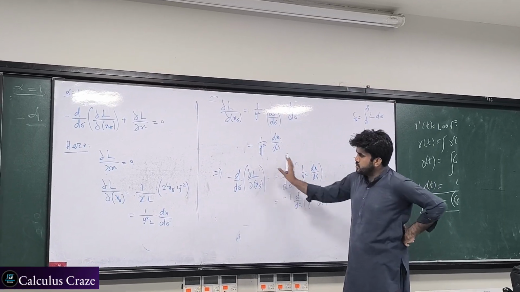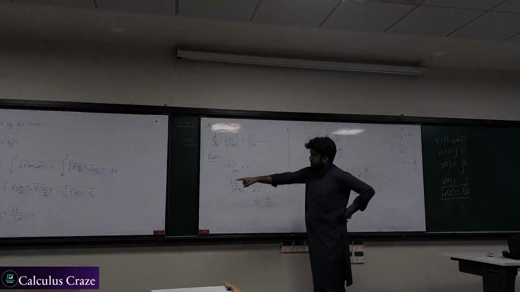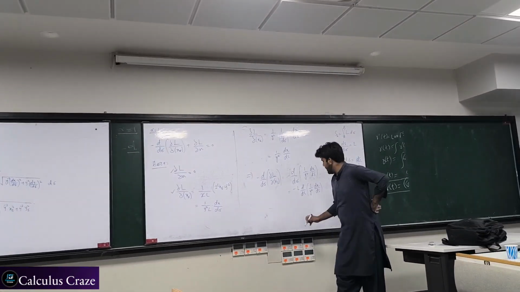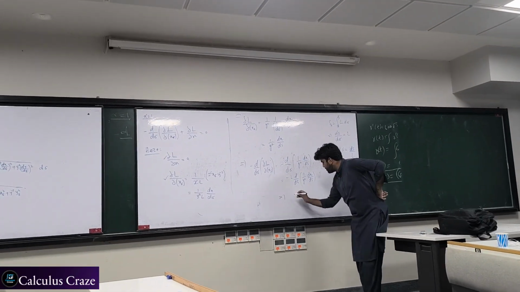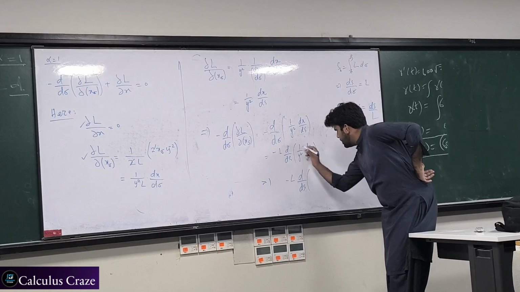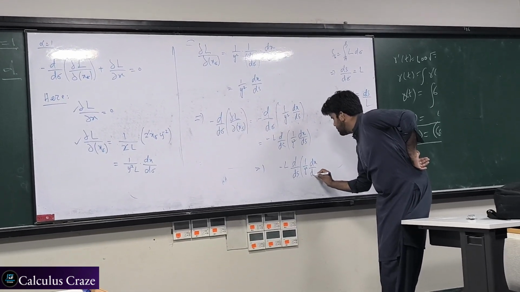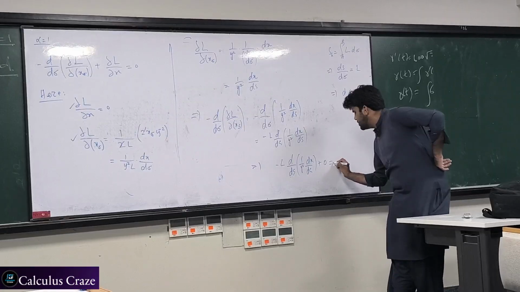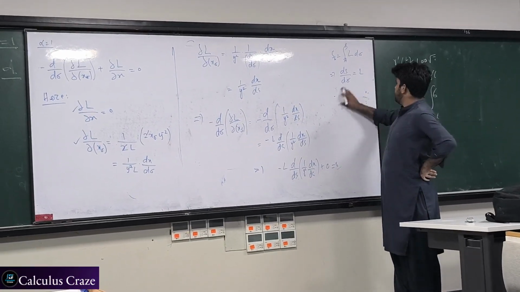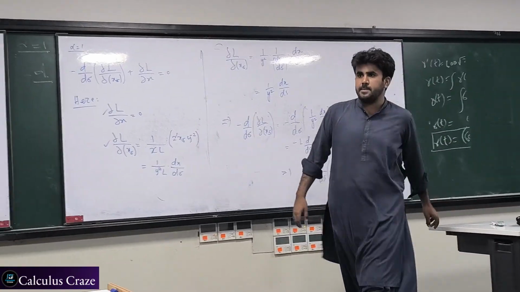When you substitute all of these computations into the equation, we achieve minus L times the derivative of this quantity with respect to s, dx by ds, plus 0 equal to 0. On simplification, you guys help me out.